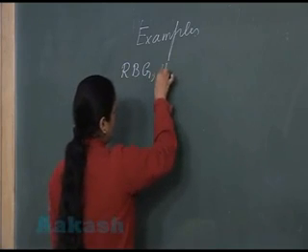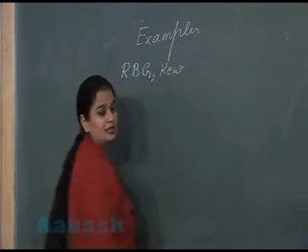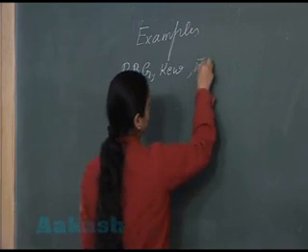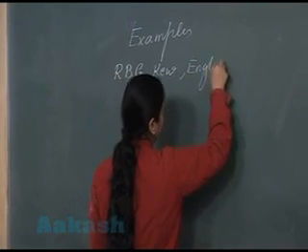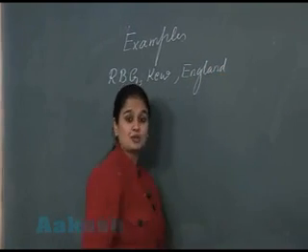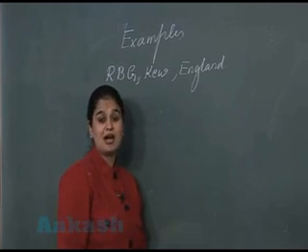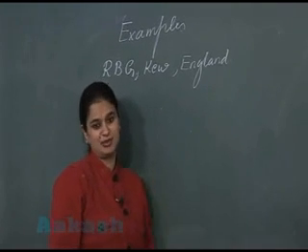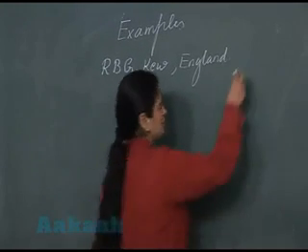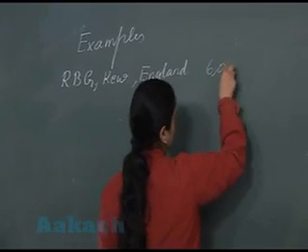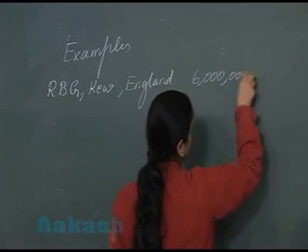Yes, Royal Botanical Garden, it is in Kew, England, और इसके साथ जो हर्बेरियम एसोसिएटेड है वहां पर प्रेजेंट है मैक्सिमम नंबर ऑफ स्पेसिमेन, that is over 6 million.